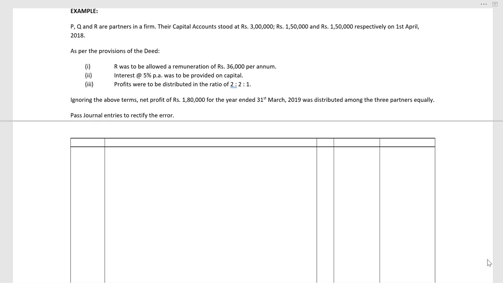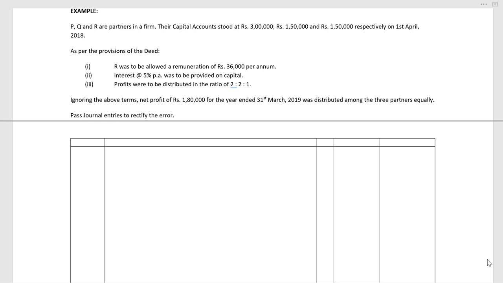Example: P, Q and R are partners in a firm. Their capital accounts stood at rupees 3 lakh, rupees 1,50,000 and rupees 1,50,000 respectively on 1st April 2018. As per the provisions of the deed, R was to be allowed a remuneration of rupees 36,000 per annum.